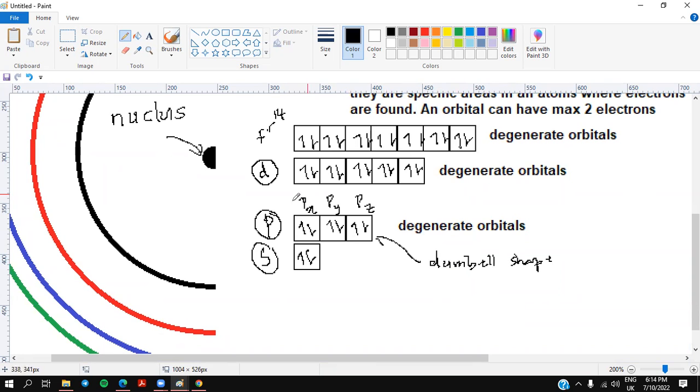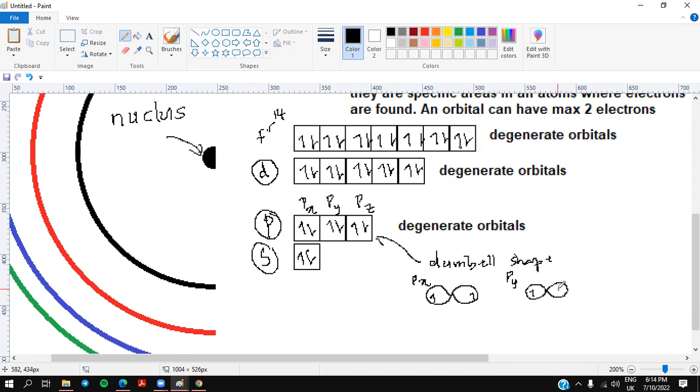So this px, I can show like this. This is the shape of px. Px has 2 electrons. 1 electron can be here, 1 electron can be here. And then we go to py. Py is also a dumbbell.